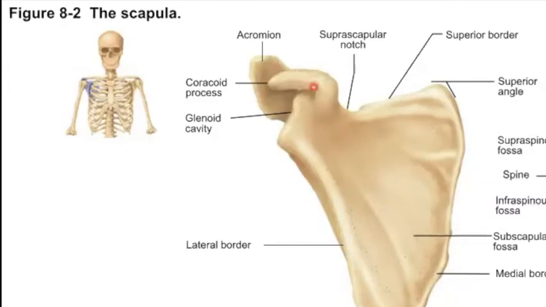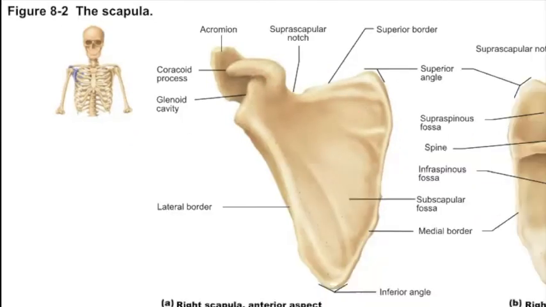So that's your coracoid process, your subscapular fossa. And then over here, you've got your medial border that is toward your vertebral column right here. And then this is facing out, the lateral border right here. At the tip of your lateral border here, you've got your glenoid cavity. This is where your humerus is going to fit in, right?